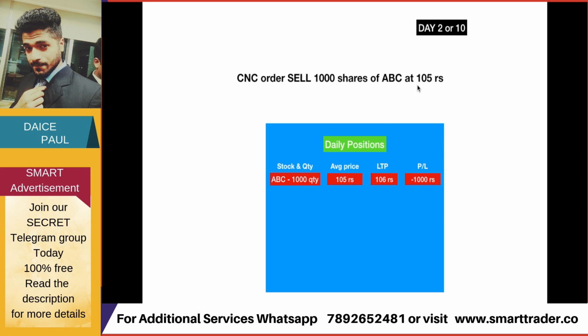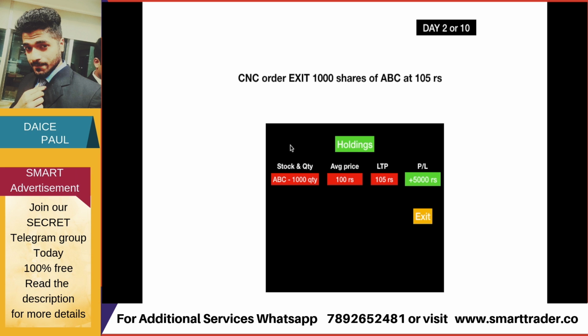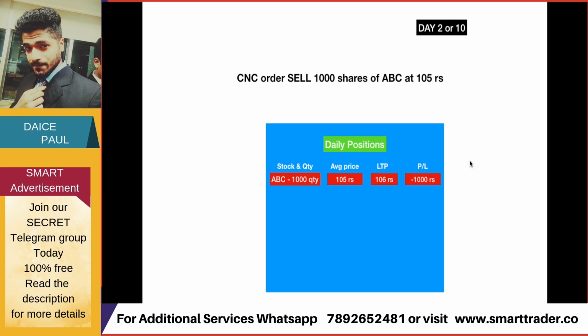If you have already sold your position or holding at 105 rupees, leave this for end of the day. At the end of the day the CNC order will be considered to sell the positions which you are holding previously. This holding will be sold only if you wait for the end of the day after putting the order. Once it is executed, it is sold already, so don't break your head over this LTP.